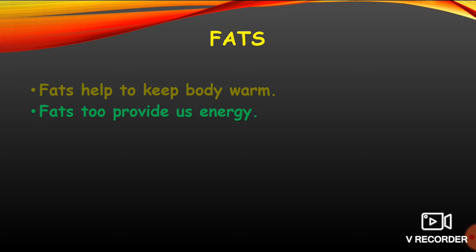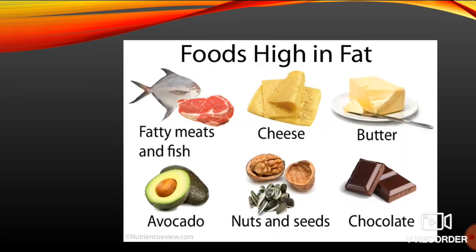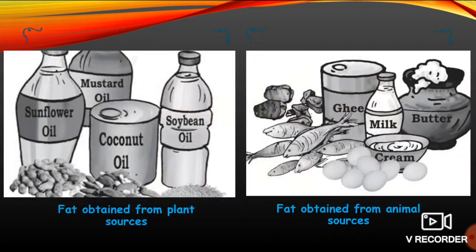So these fats are helpful in keeping the body warm, and fat also provides energy like carbohydrate provides energy. These are the sources from where we are getting fats. Here you can see fish and meat, cheese, butter, chocolates, nuts. Some sources belong to plants and some belong to animals.